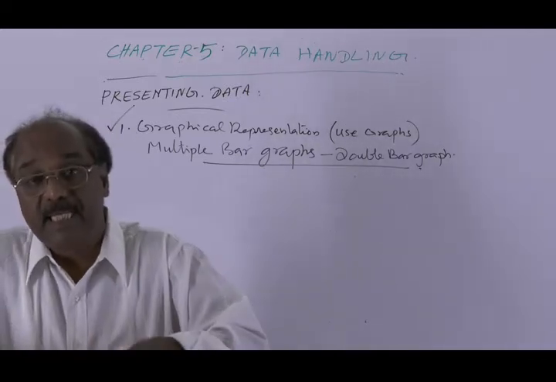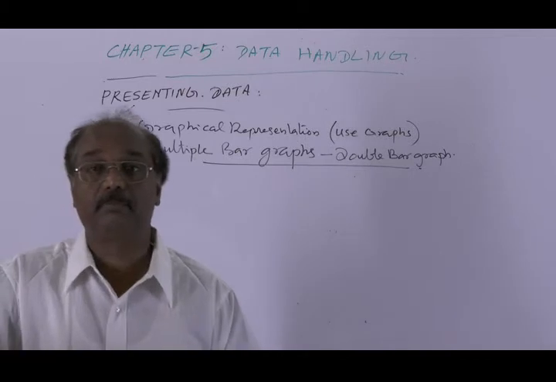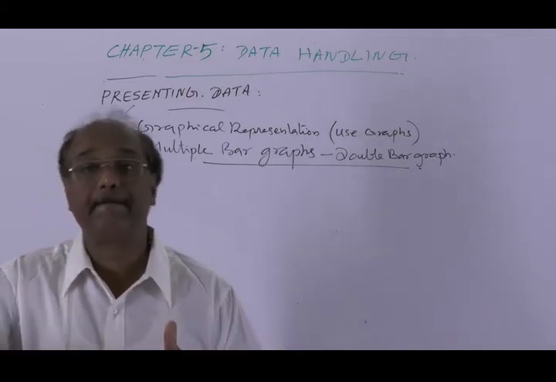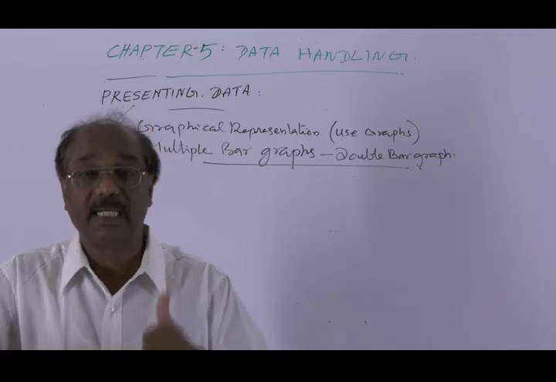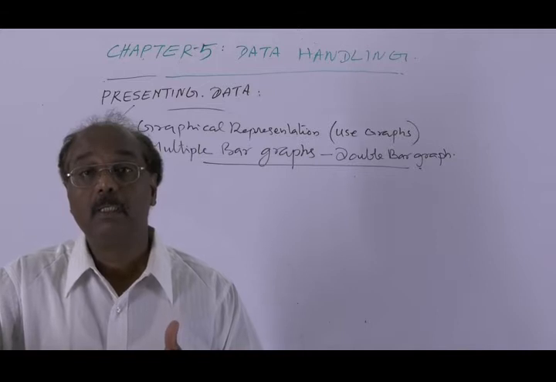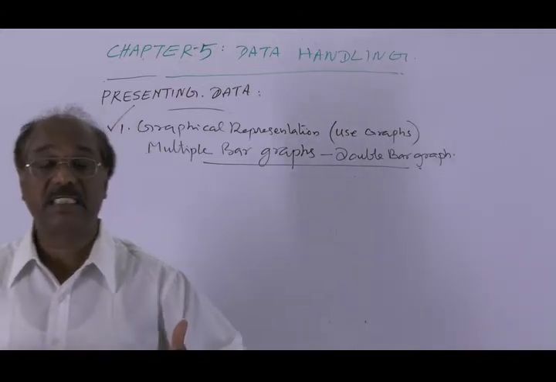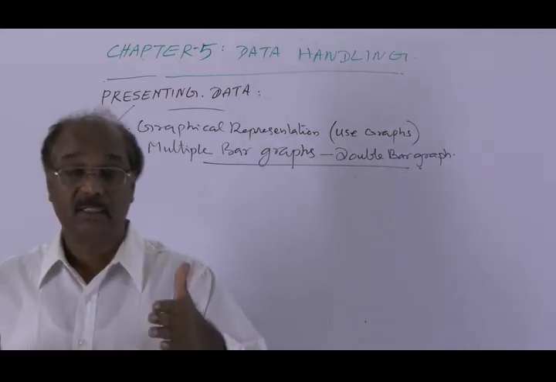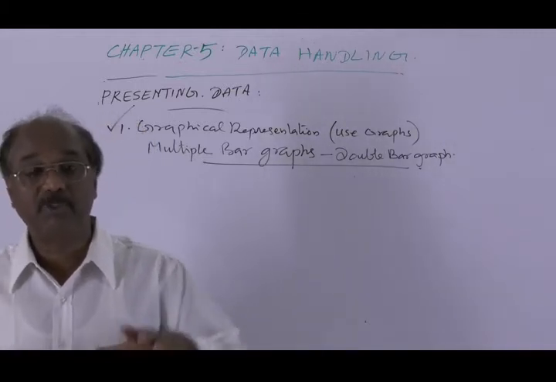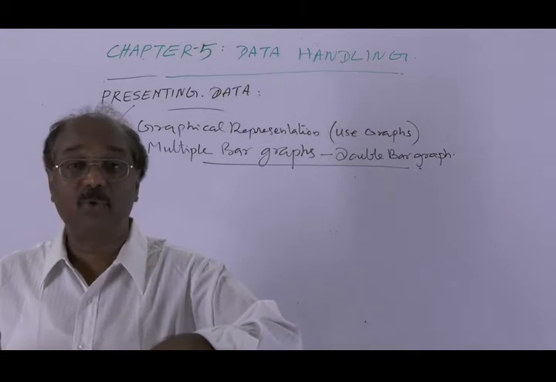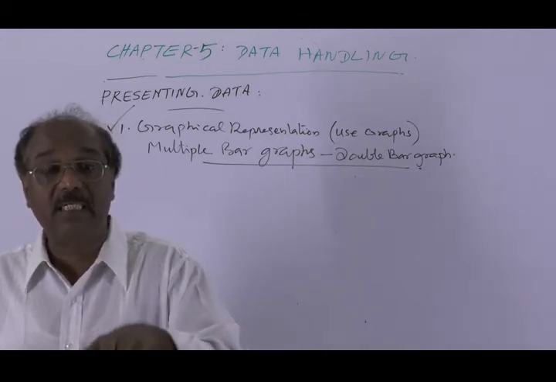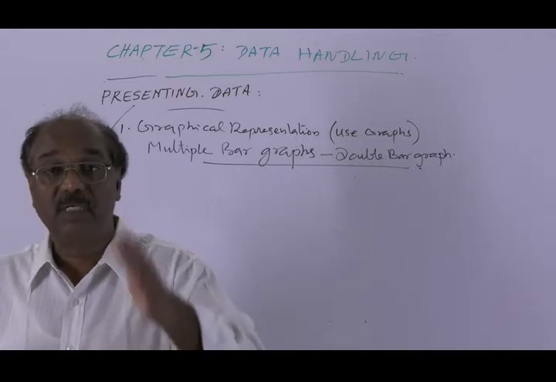We can explain it clearly by an example. We consider here only a double bar diagram, a bar diagram for 2 data values corresponding to each unit. As in the previous case, suppose we consider the families in a locality, and suppose we collect data for annual income and annual expenditure of each family.